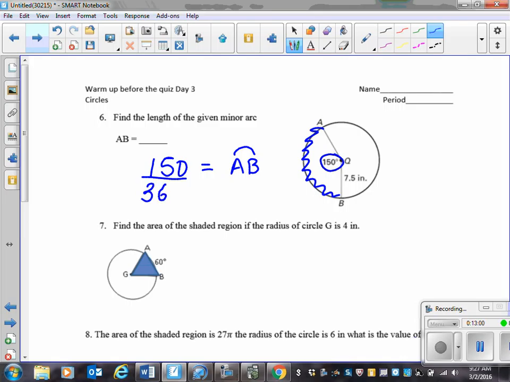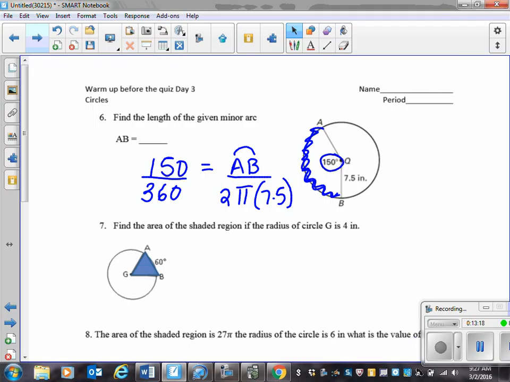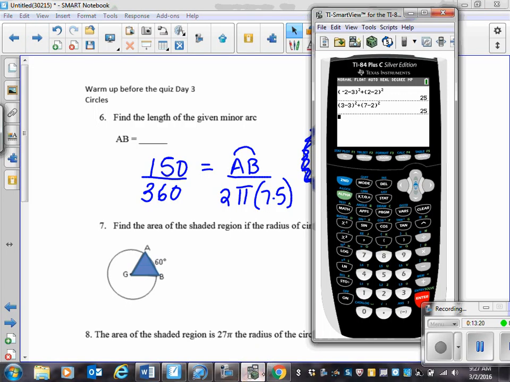I know when it is the whole circle, the formula is 2 pi radius, which in this case is 7.5. Okay, so that's what I got. So a lot of times when you do circle questions, they don't want you to multiply the pi. So we're just going to do it without multiplying it. So what I will do is I'll multiply 150 times 2 times 7.5.